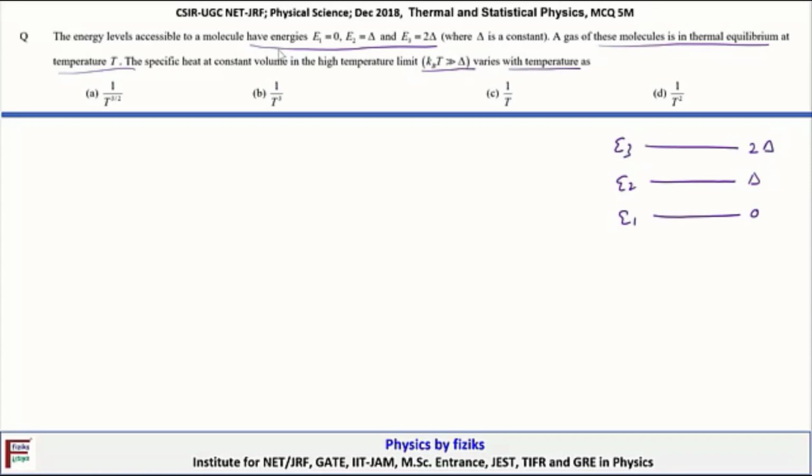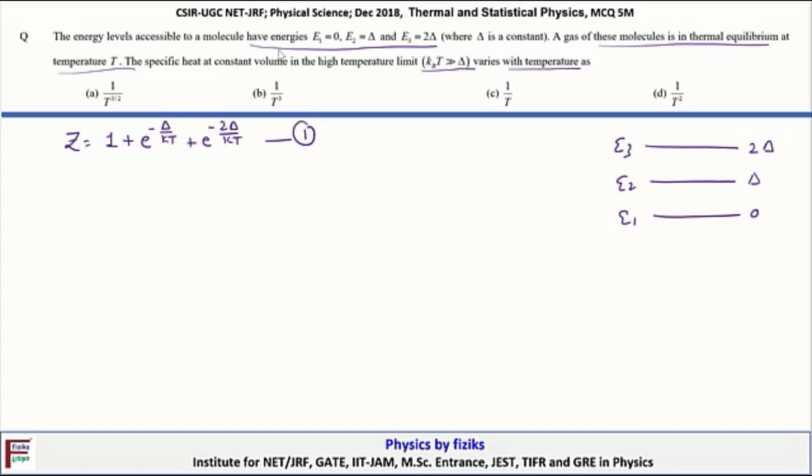The partition function for this system can be written as Z equal to 1 for the ground state energy, since exponential of beta multiplied by 0 gives us 1, plus exponential of minus delta by kT, or you can write exponential minus beta delta, and the third term exponential minus 2 delta by kT. Let's call this equation 1.